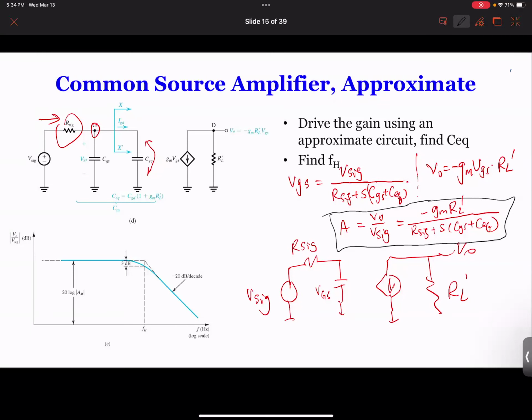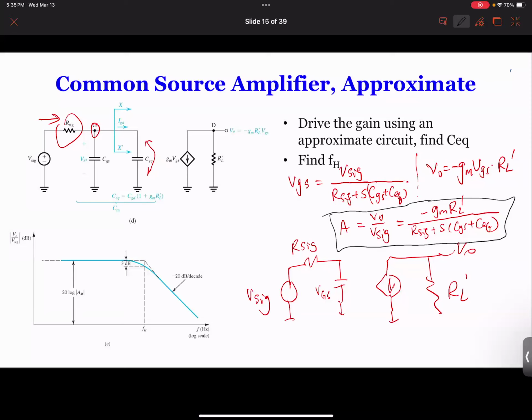So we have the voltage gain. As you can see now, your voltage gain has an omega at the denominator. So which means if S is small, what happens? Oh, I made a mistake.